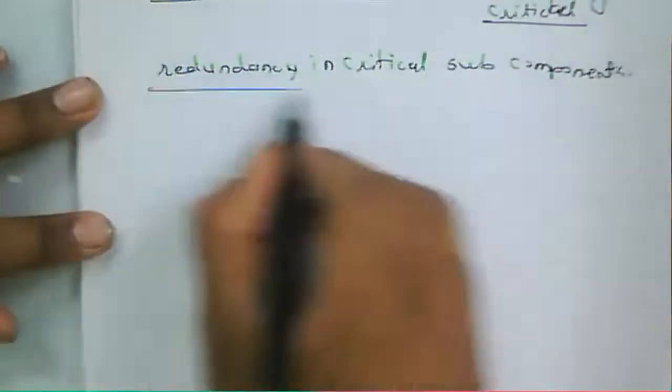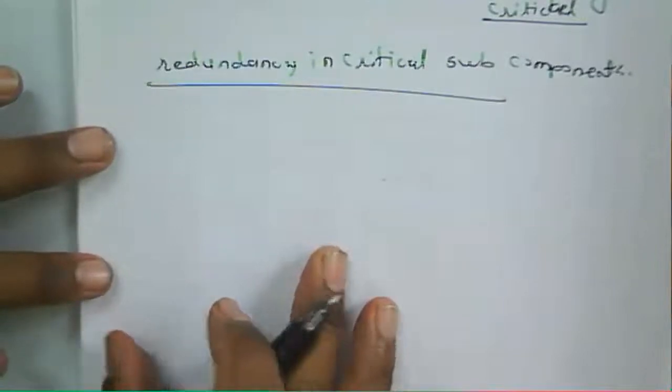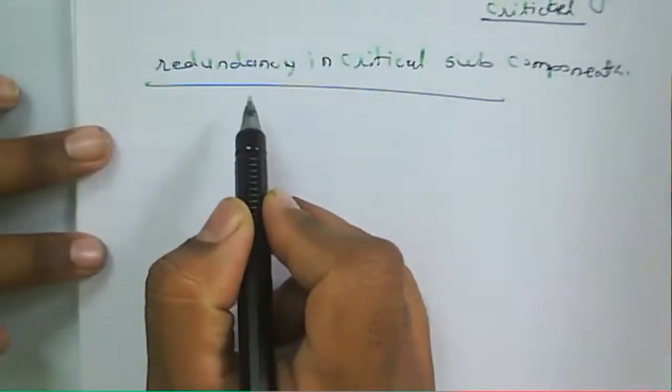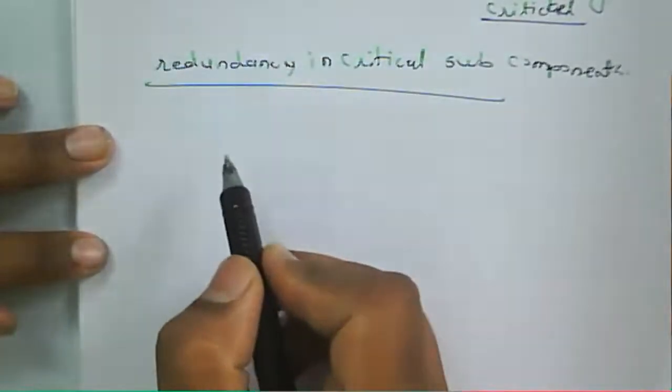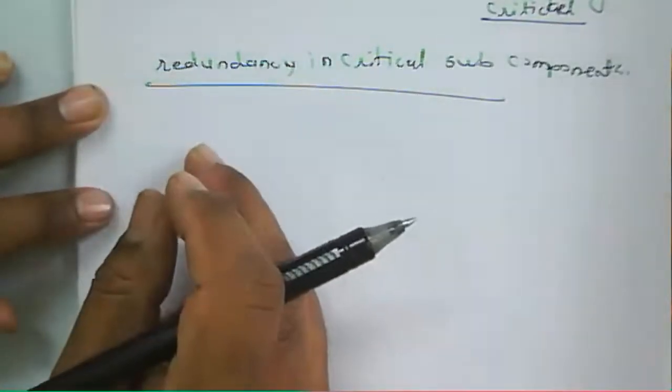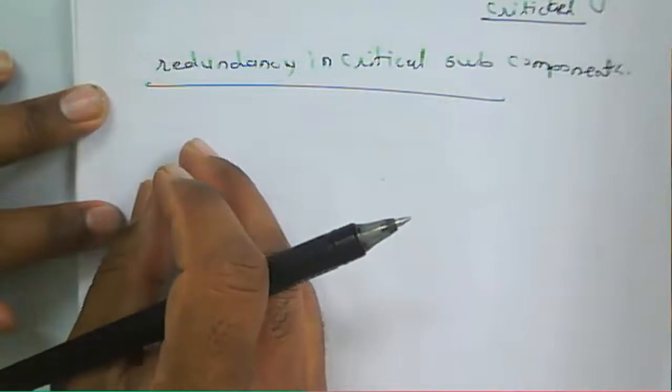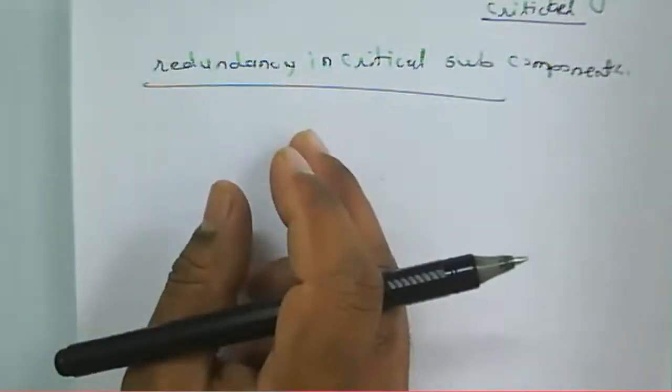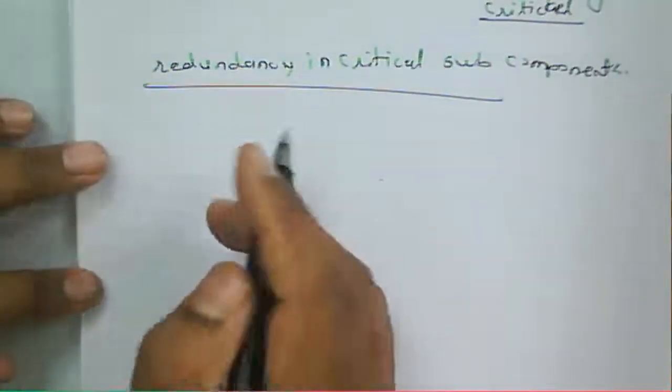That's why we can improve reliability using redundancy in the critical subcomponent, because some components fail while working.